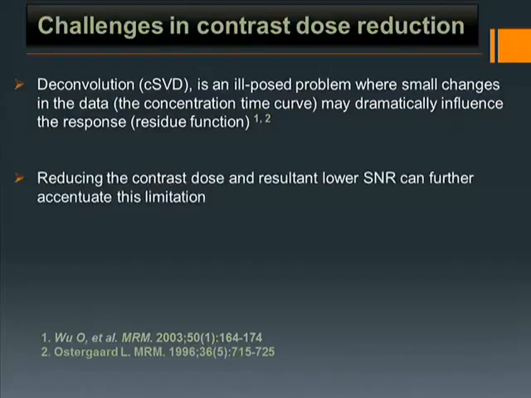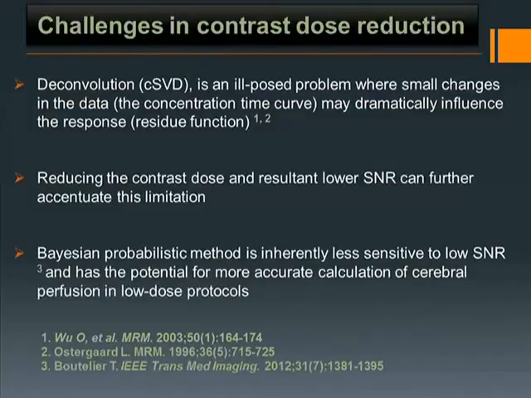And therefore, reducing the contrast dose would result in low SNR, which can further accentuate this limitation. So since the introduction of the Bayesian probabilistic method, which is inherently less sensitive, as Adam discussed in his talk, we thought to perform a feasibility study to evaluate its potential clinical application.